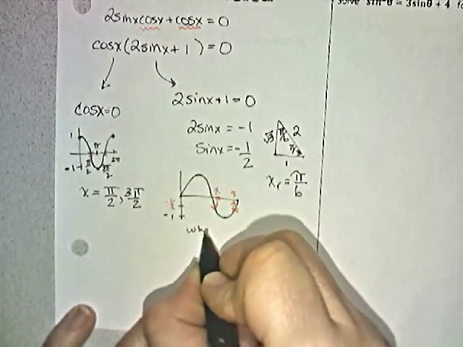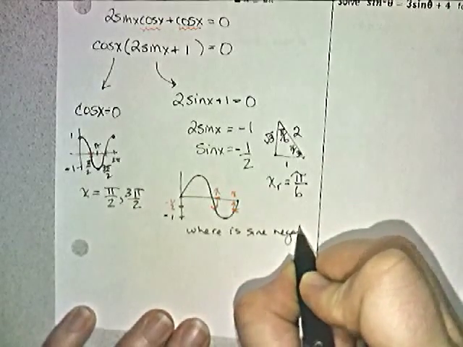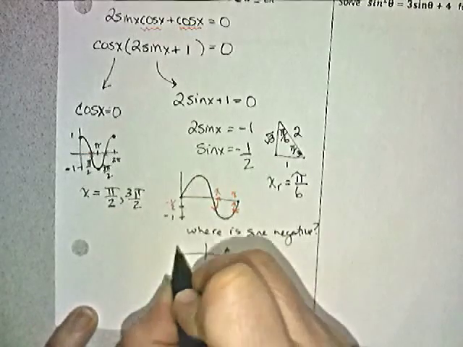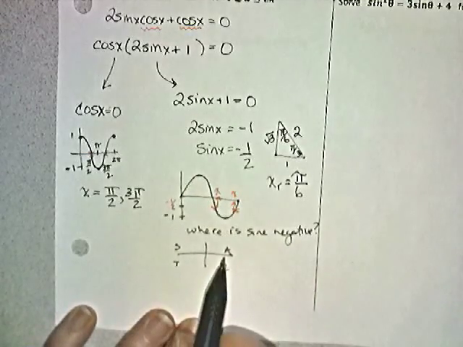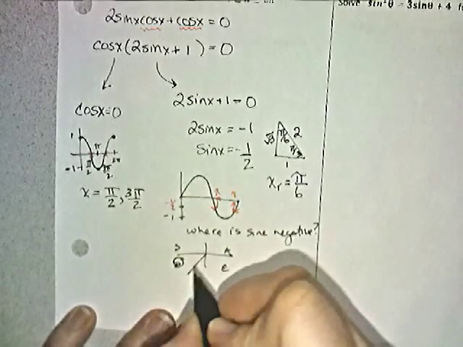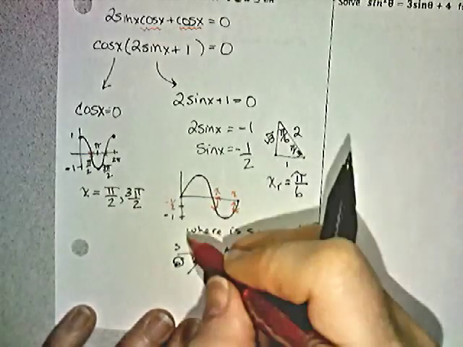And so using cast rule, where is sine negative? Well, I know that cast rule reminds me that our sine value would be negative in this quadrant for where tangent is positive, and so we put our pi by 6 angle, our reference angle there, and there it is.